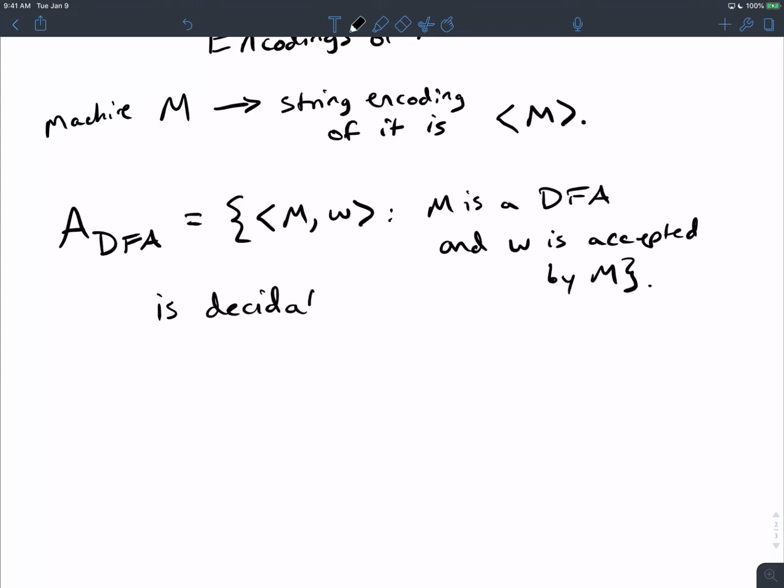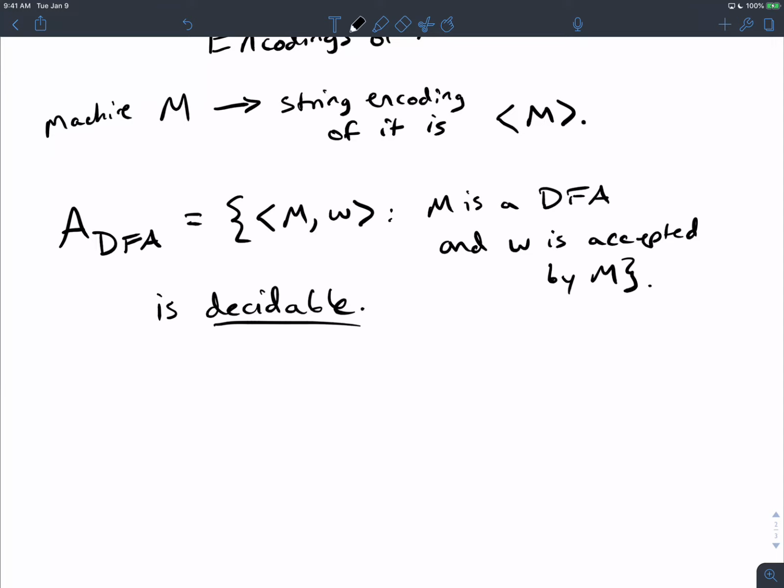What does decidable mean? It halts. What halts? The computation for the machine for this language. So decidable means that there is a Turing machine for this language that always halts.